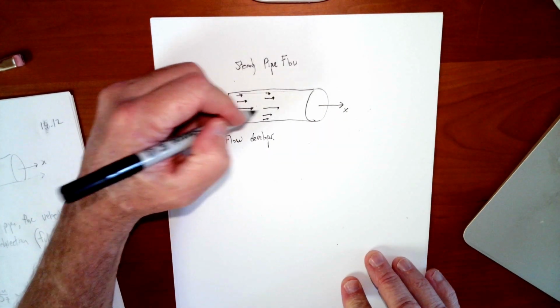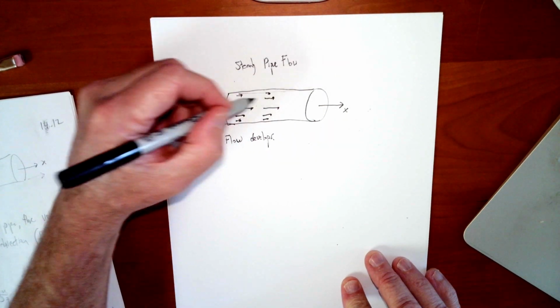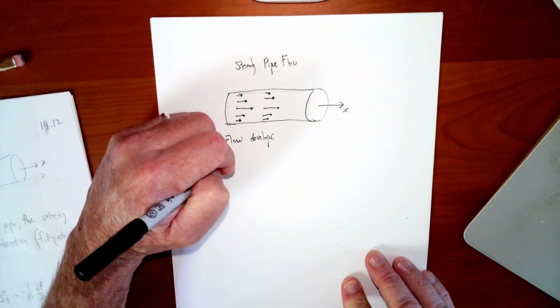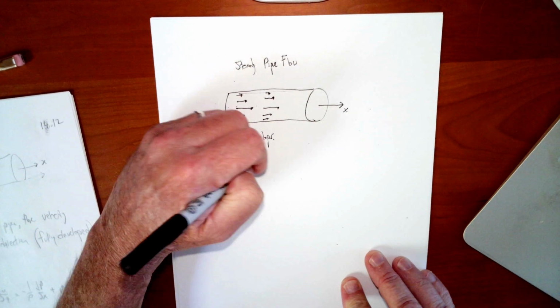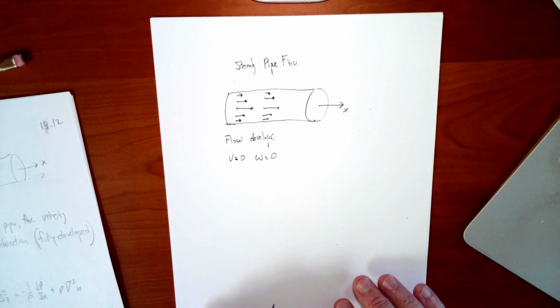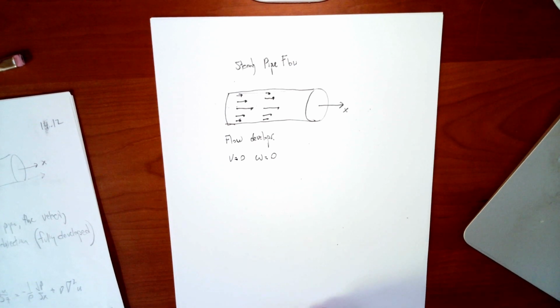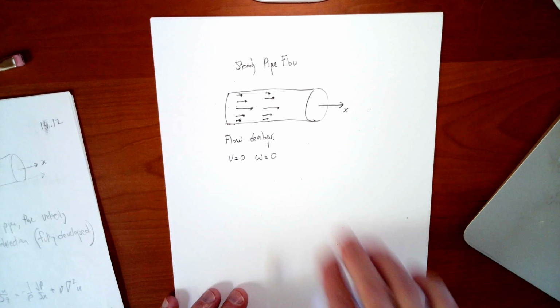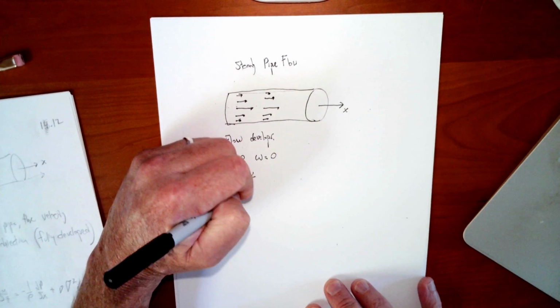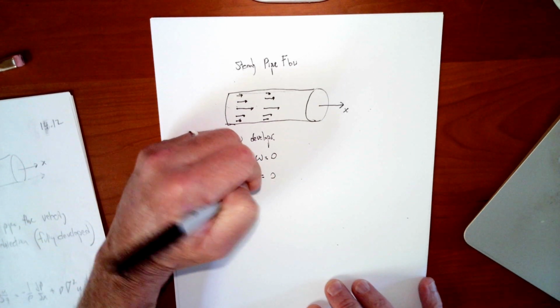So the velocities at this point are all the same as those at this point and all those at this point. The velocity stops changing in the x direction. In addition, as you can see, since the velocity is not changing in the x direction, there's no velocity in y or z either. So v goes to 0, w goes to 0. And du dx goes to 0 as well because there's no change in x anymore.